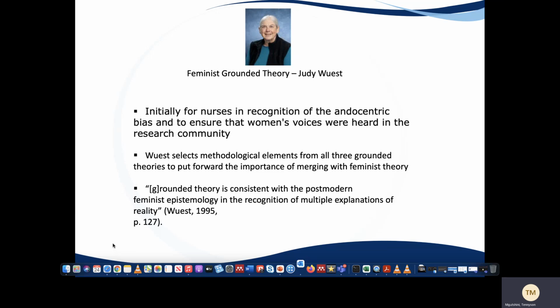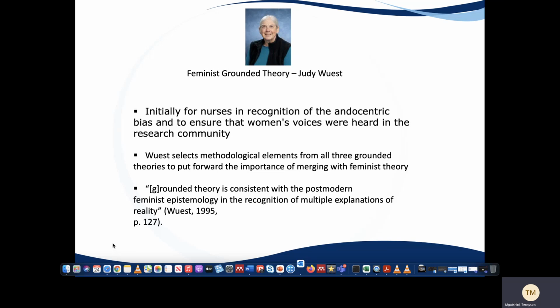Hence the 4 different types of grounded theory.